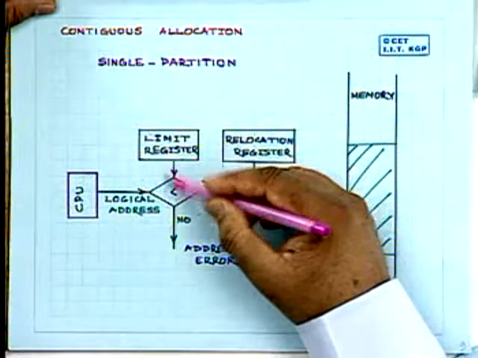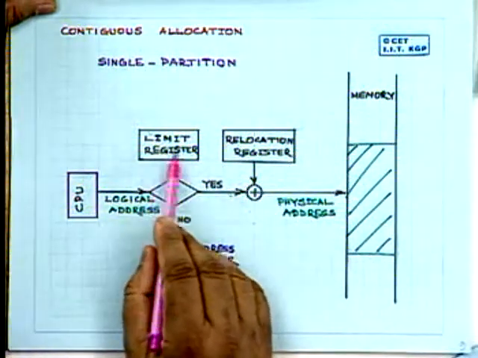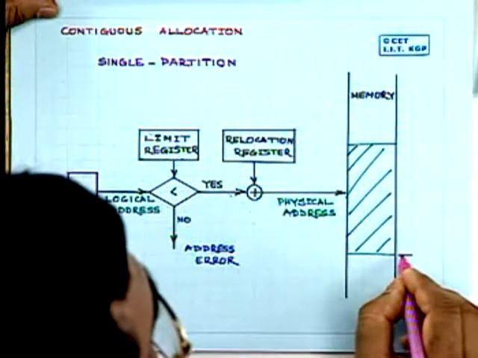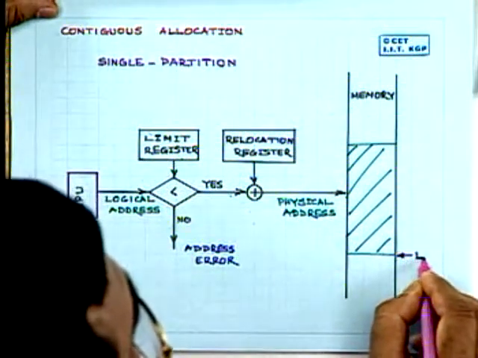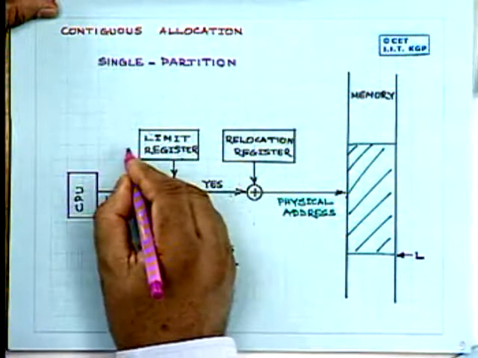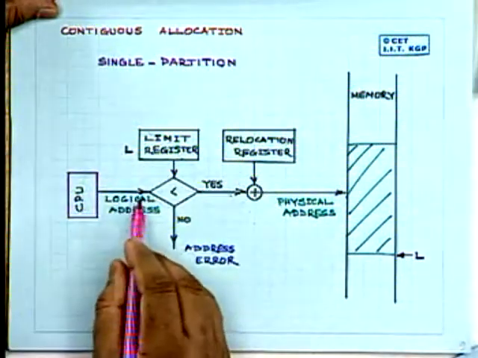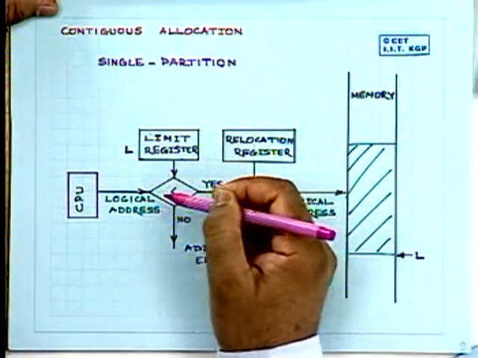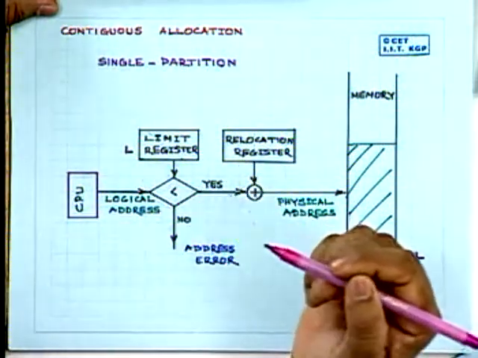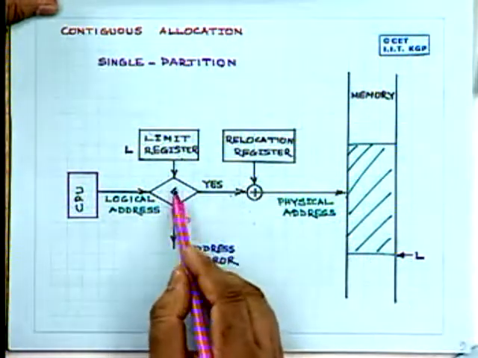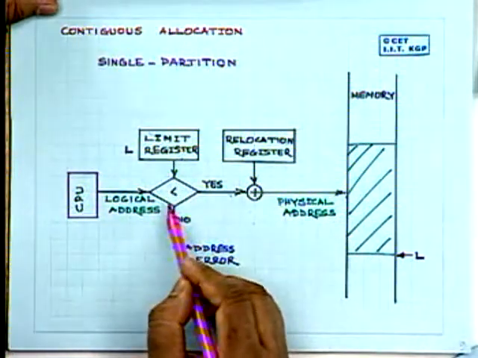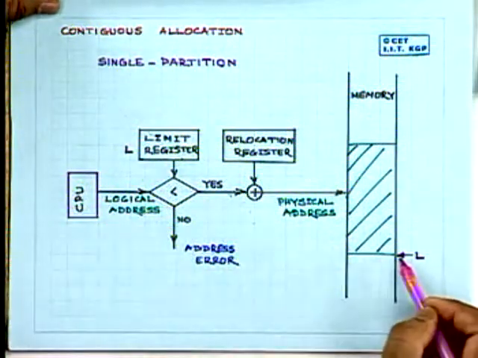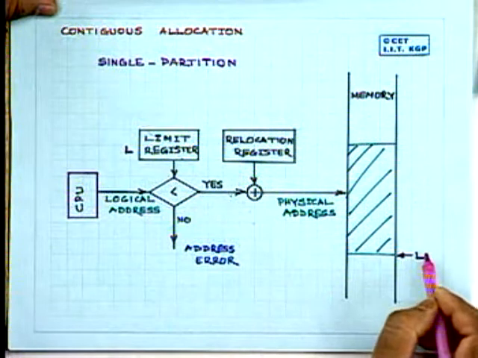Now, in this scheme, we keep what we call a limit register. The limit register value is set here. Say this is the value of the limit register, L. Whatever logical address is generated, first it checks whether it is less than the value of the limit register or not. Since it is a logical address, this L is not the actual physical address.